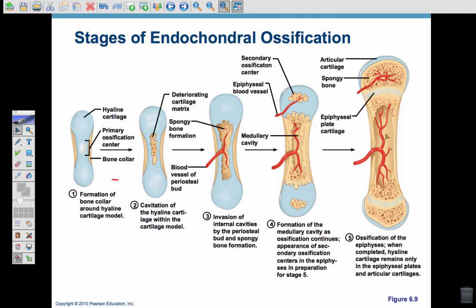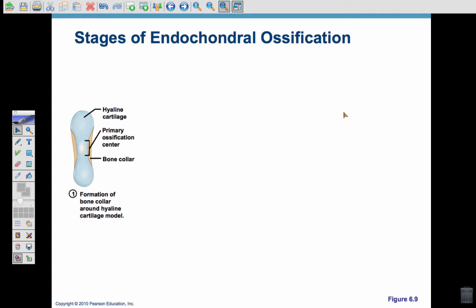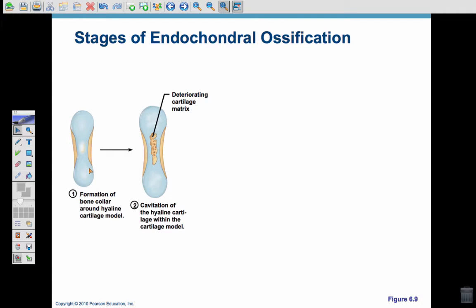Ultimately, as you go through this process, you will eventually get the creation of a long bone. Let's take a little bit closer look at the sequence in the subsequent slides. So like I said, you begin with the primary ossification center that occurs within the hyaline cartilage model. The cartilage begins to deteriorate as the bone develops.